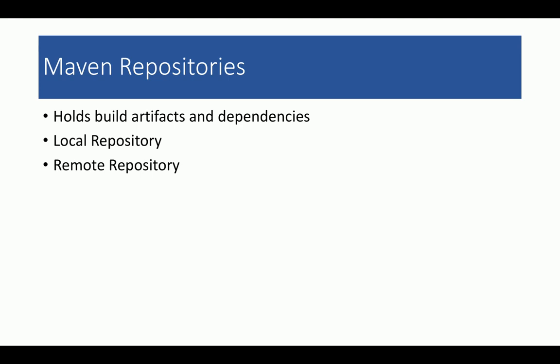When we build the project for the first time, it tries to fetch the artifacts from whatever remote repository we configure. The remote repository can be Maven central repository or it can be configured according to your company, which you can configure in Maven settings.xml, which we'll talk about later. Once the artifacts your project depends on are downloaded from the central repository, they come to the local repository.